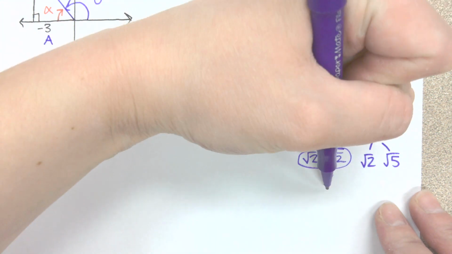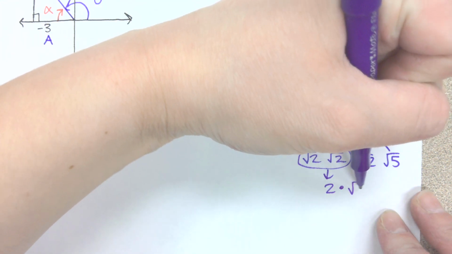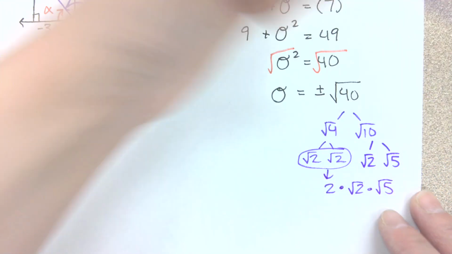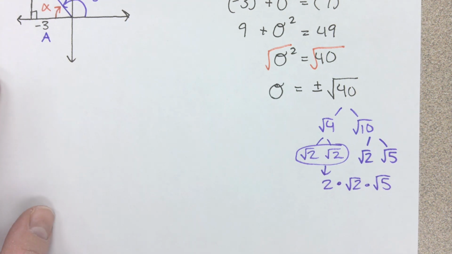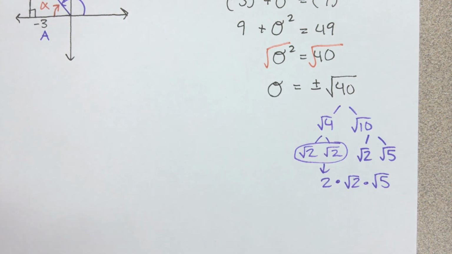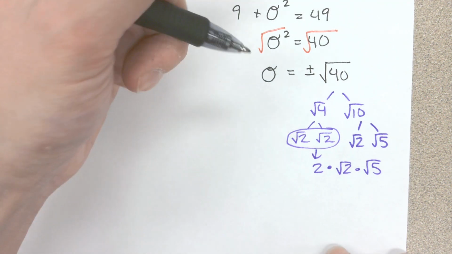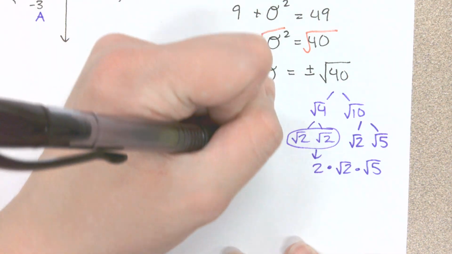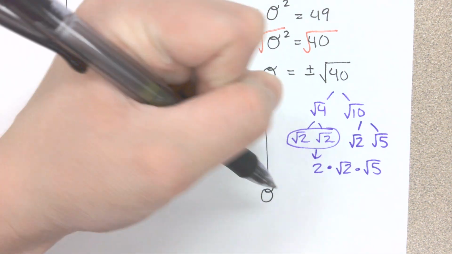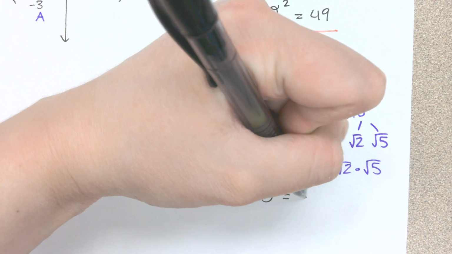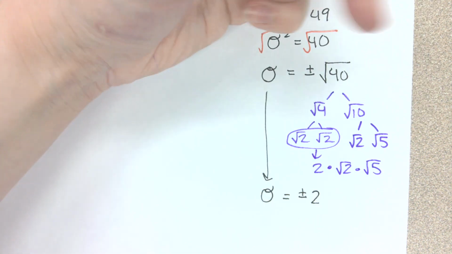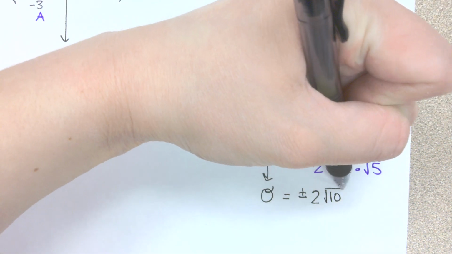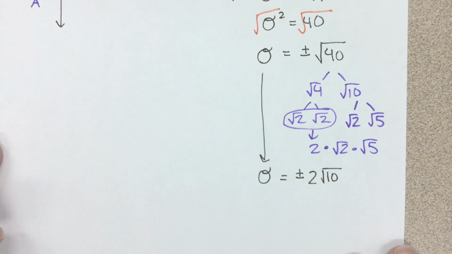So this becomes 2 times the square root of 2 times the square root of 5. So I'm going to bring this down. O equals plus or minus 2 square root of 10 to simplify it.